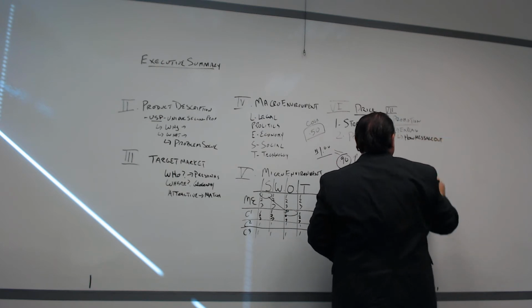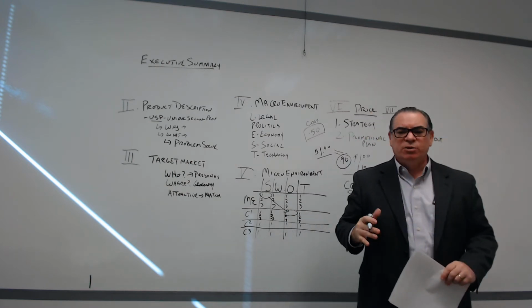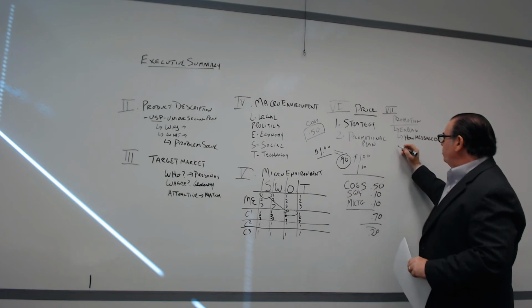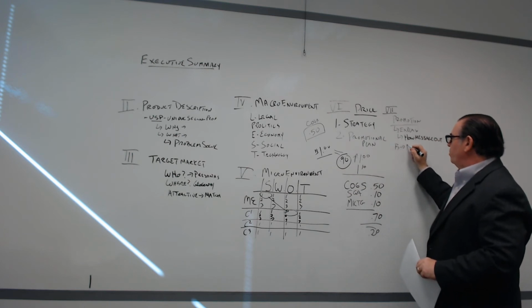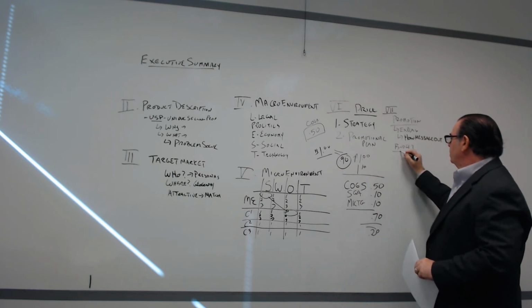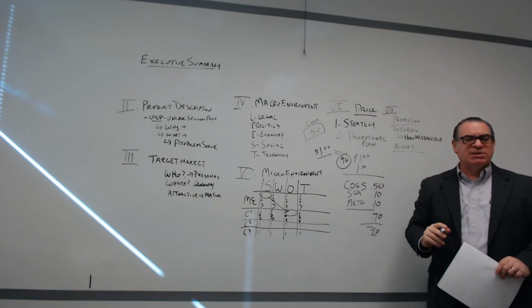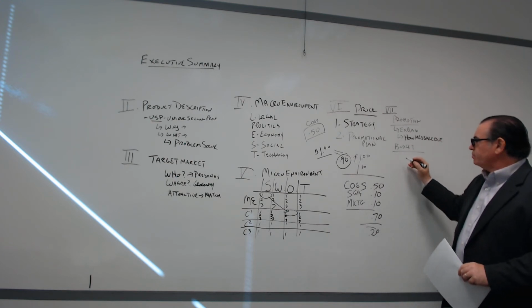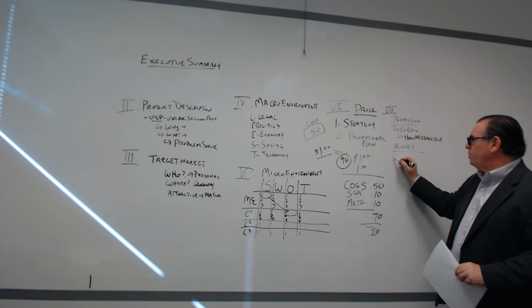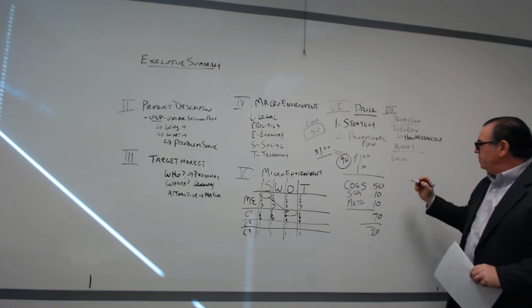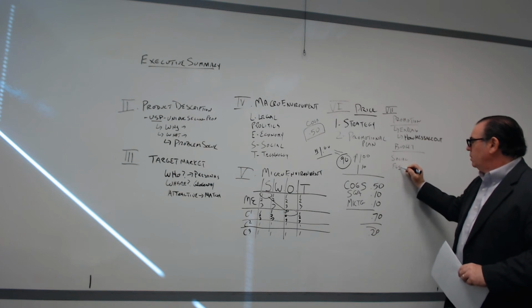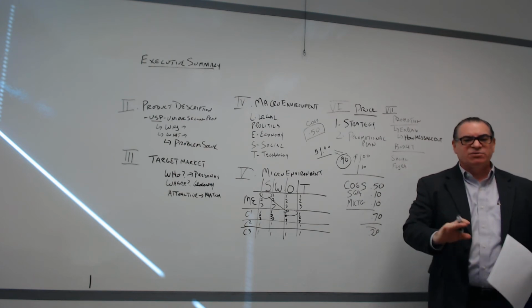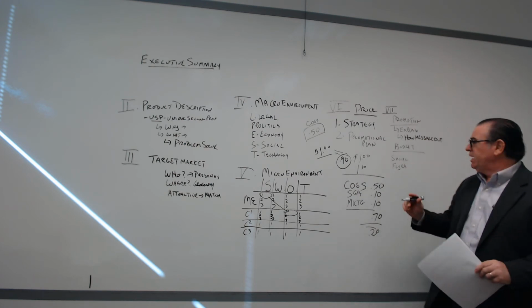Okay? And then what you also need to do in this section is put together your budget for your promotional plan. So what does that look like? So let's say you decide to do social media. Let's say you decide to do flyers. Okay, social media and flyers. That's really the two ways you're going to get the business out.